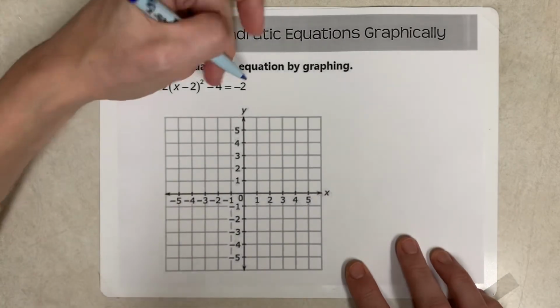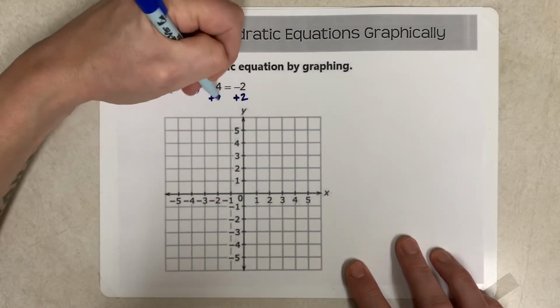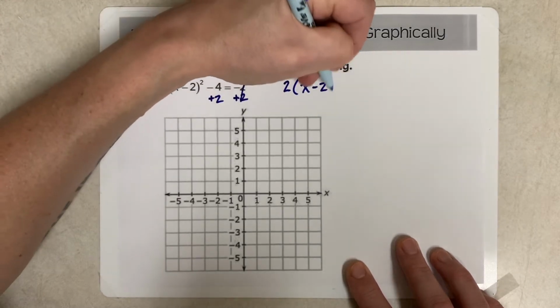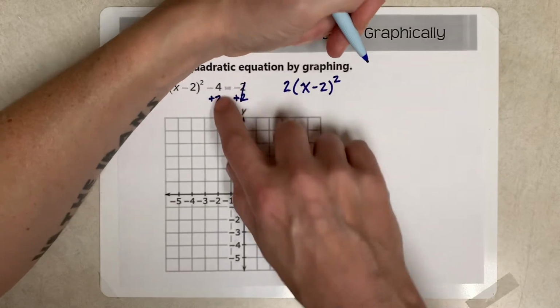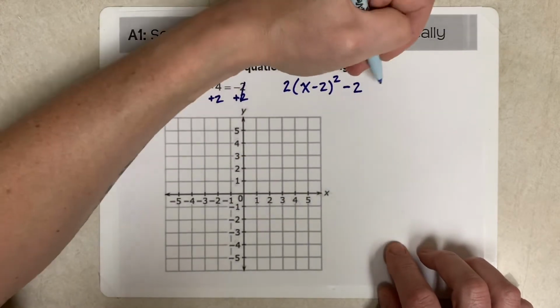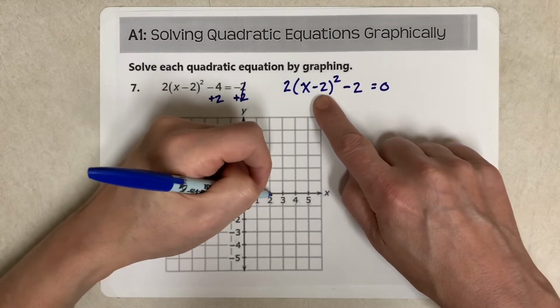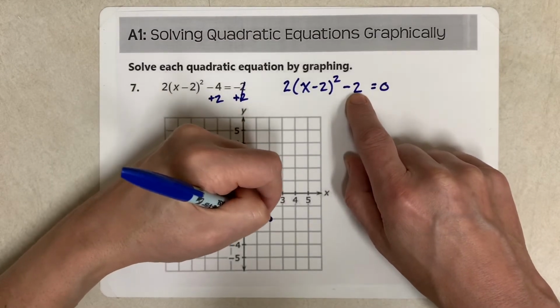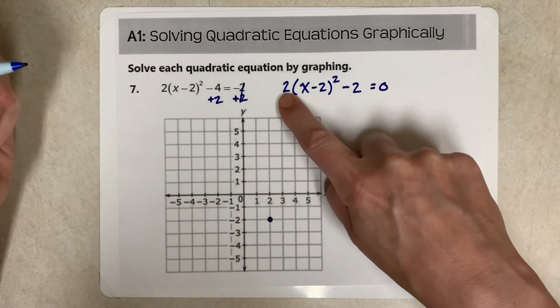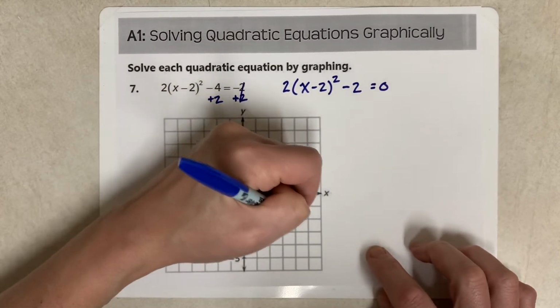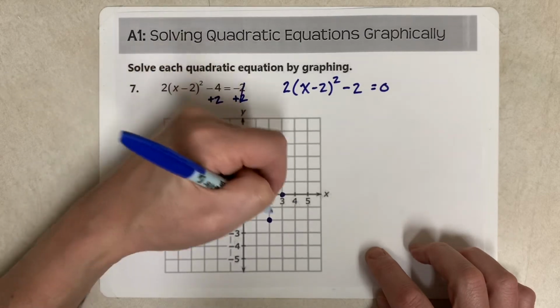All right, so let's try it this way now. This time we're going to add 2 to both sides. And now we have 2 (x minus 2) squared, -4 and 2 are going to make a -2, equals 0. So we're going to go 2 units to the right and then down 2. And then we're going to, again, go over 1, up 2, over 2 up. It used to be 4, but now it's 8.